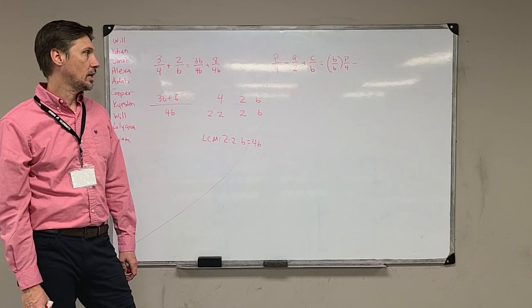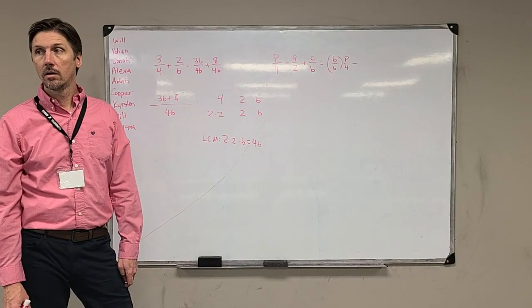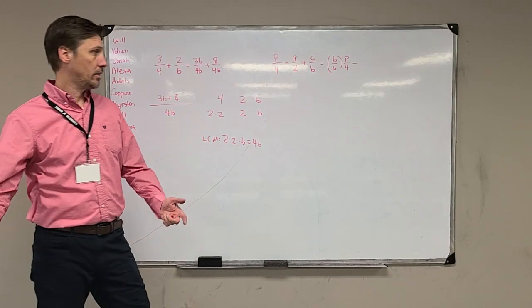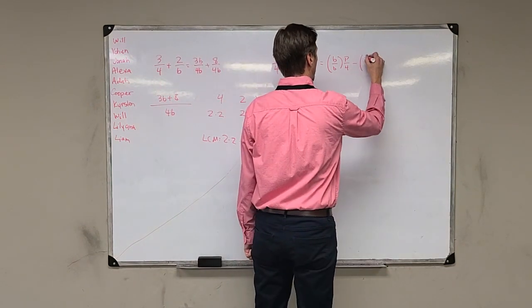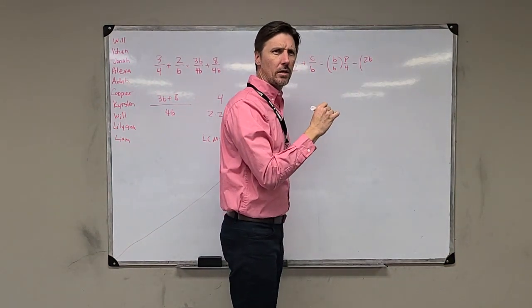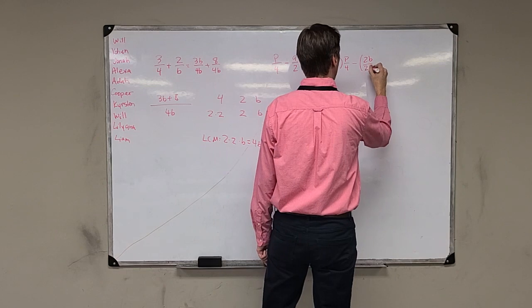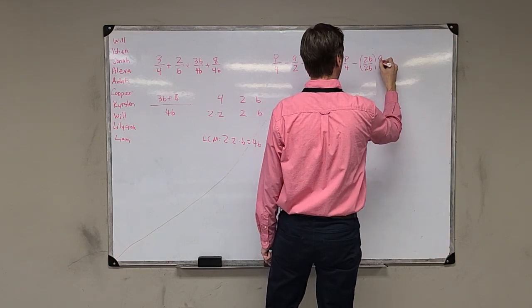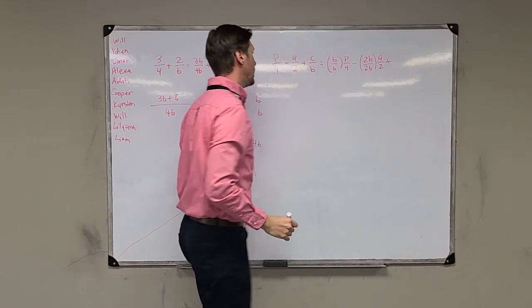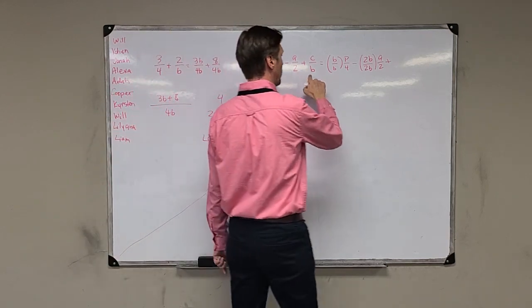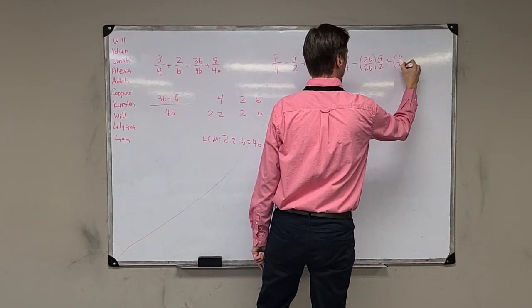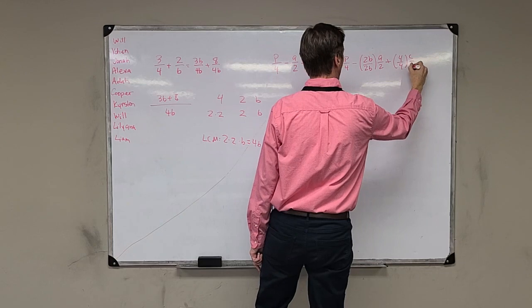What do I multiply 2 times to get 4b? 2b, right? Is it 2b or not 2b? It's 2b, yeah, okay. 2b on top and bottom, that's a times 2, plus, and then b, I'm going to multiply it by 4 to get 4b. So I multiply top and bottom times 4.